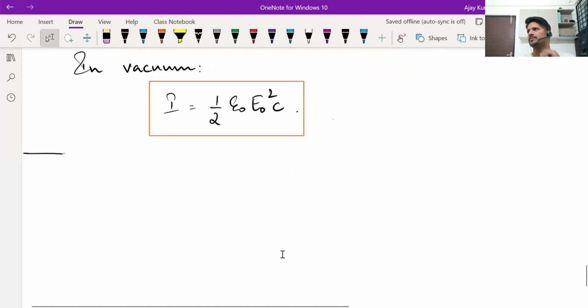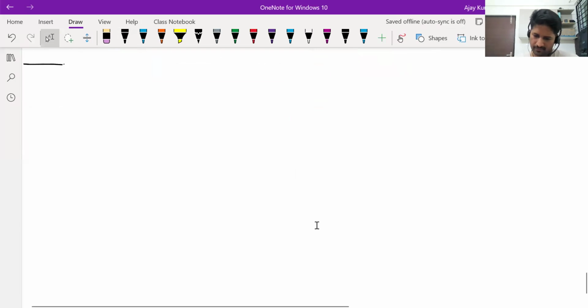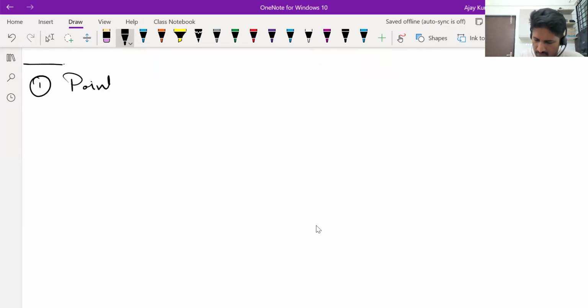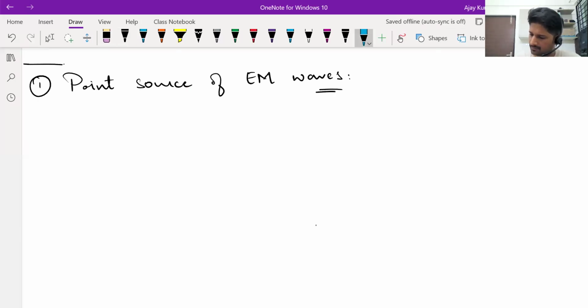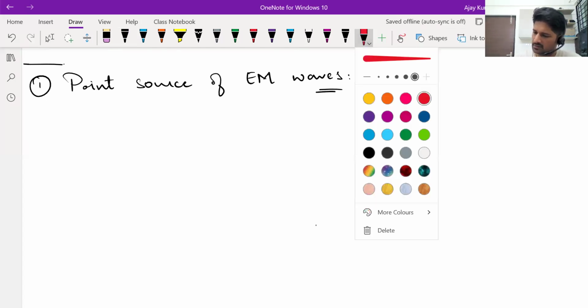Let's solve some problems based on this. First, suppose there is a source of EM waves, a point source. You can consider it like this.